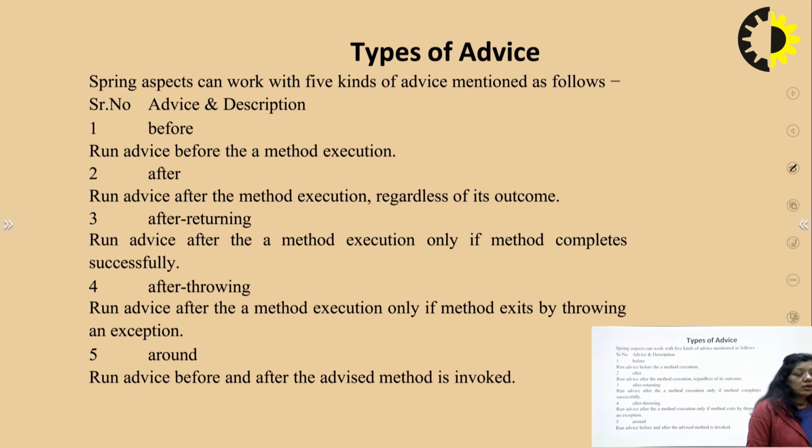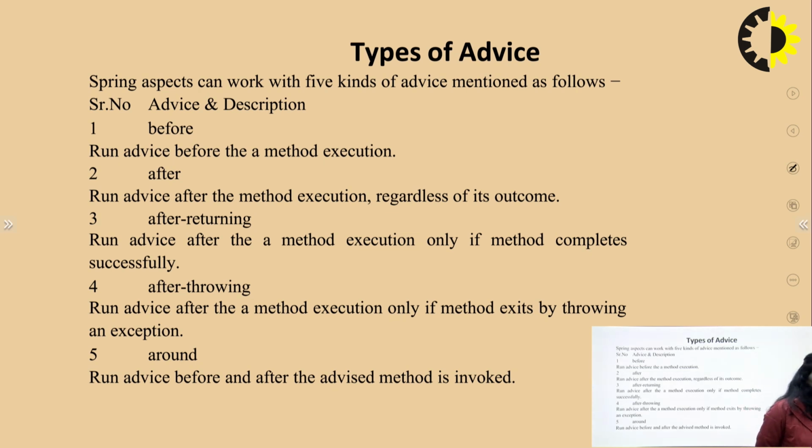Now, types of advice. Spring aspects can work with five kinds of advice mentioned below. First one, before. Second, after. Then after returning, after throwing, and last, around. What is before? Run advice before the method execution.